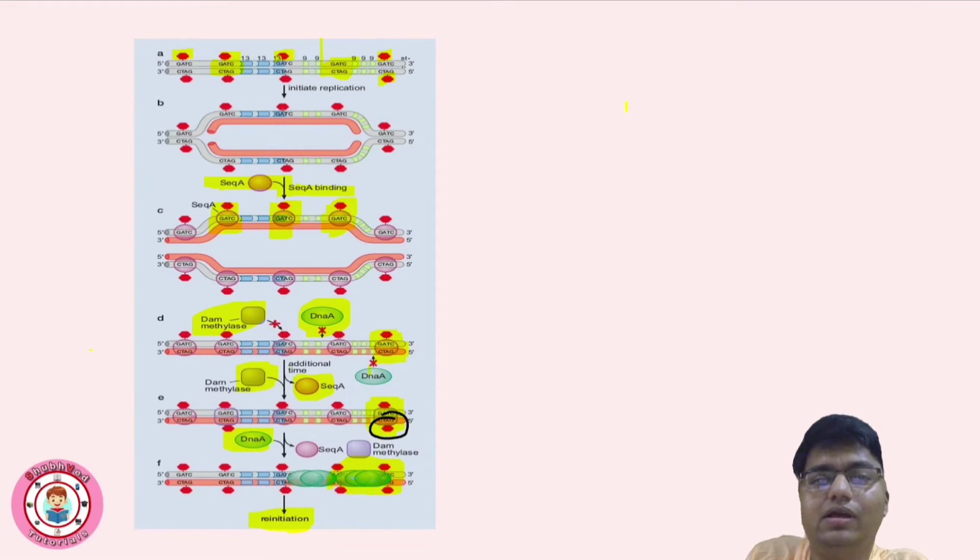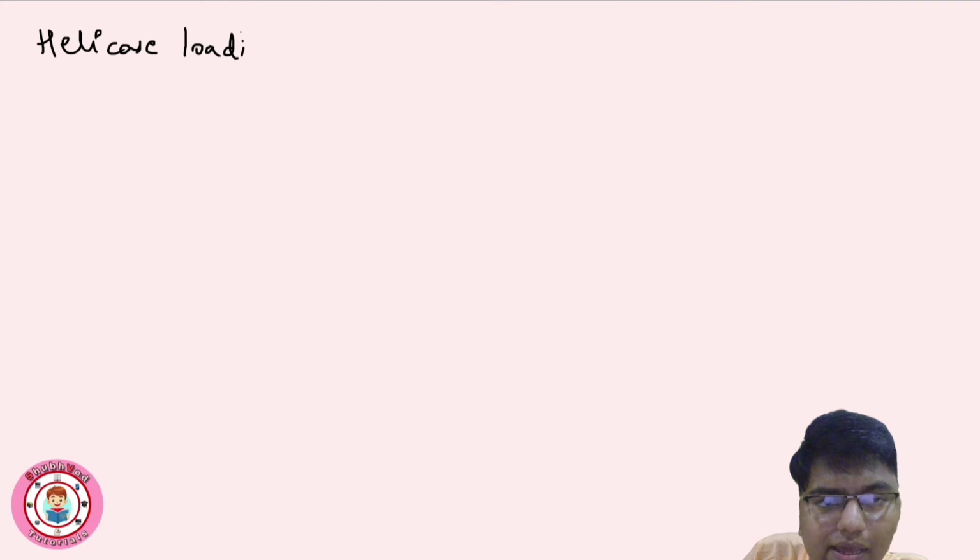So this is how regulation takes place. Now some more important points in DNA replication. As we can see, helicase loading and helicase activation. These two are the most important words.